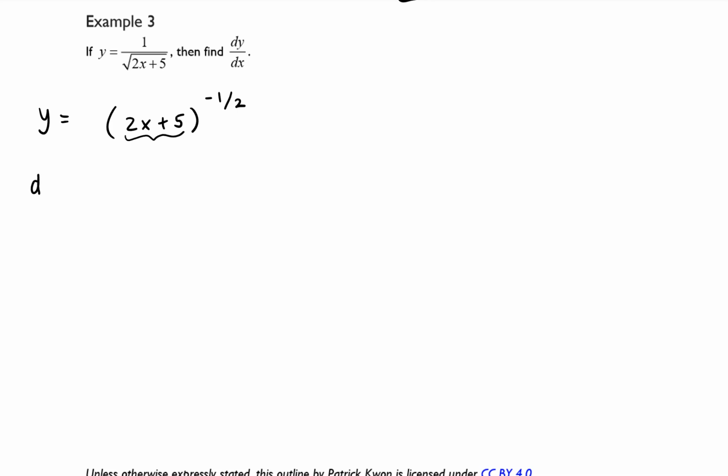When we take the derivative dy/dx, you could think of this function as u. If this was u to the negative 1/2 power, then our derivative would be negative 1/2 u to the negative 3/2 power times du/dx.